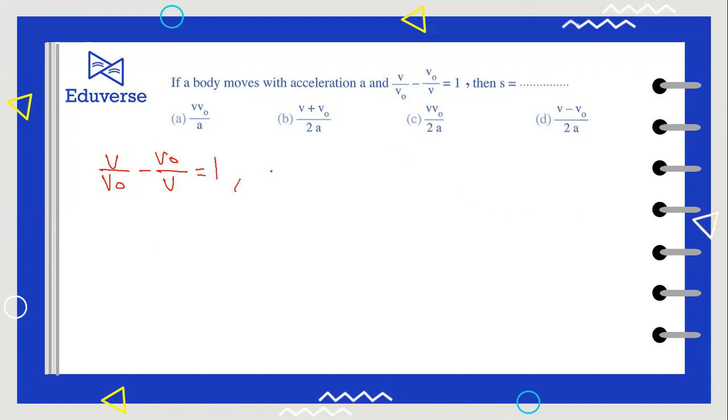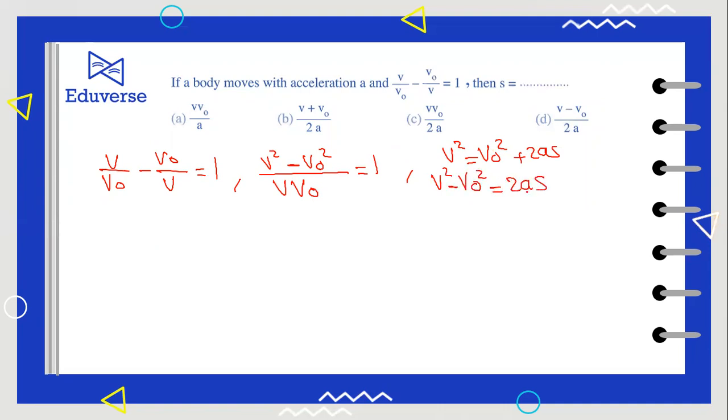To simplify this fraction, multiply the two denominators and cross multiply the numerators. V squared minus V naught squared equals V V naught. Here I have the rule V squared equals V naught squared plus 2aS. V naught squared goes to the other side with a negative sign, so V squared minus V naught squared equals 2aS.